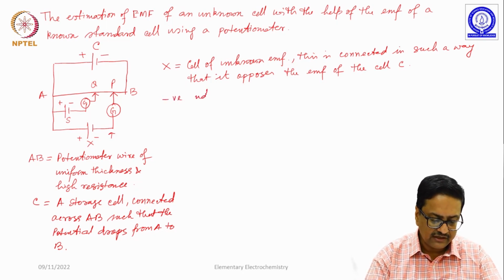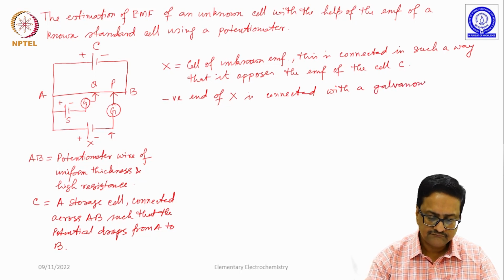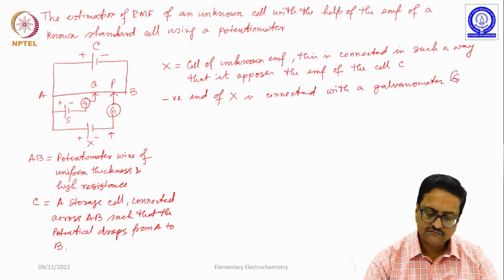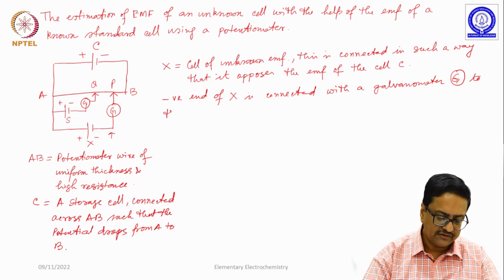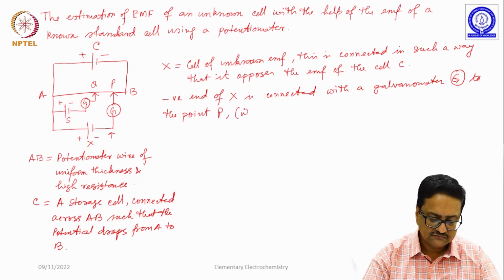Negative end of X is connected with a galvanometer marked as G to the point P, which is movable.